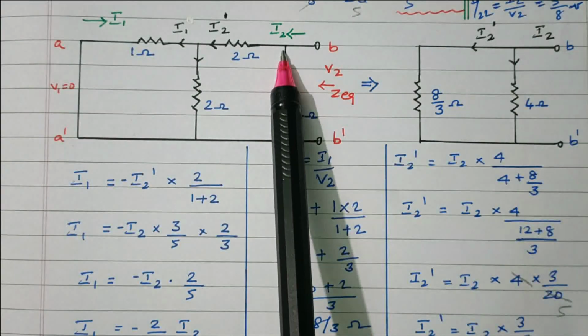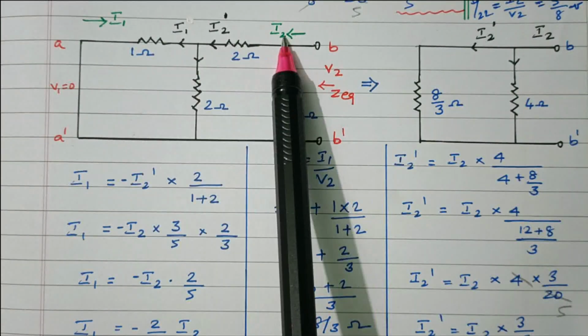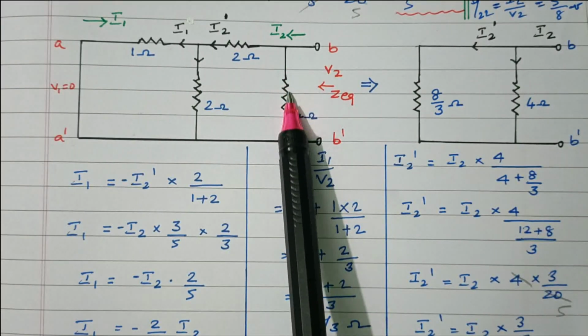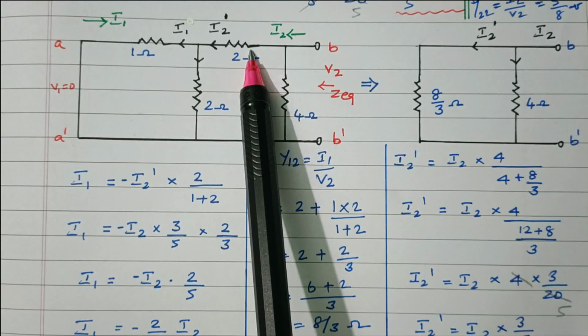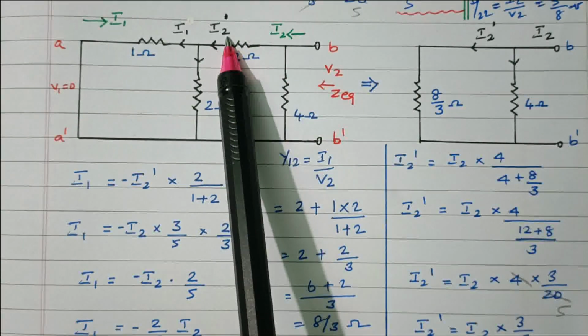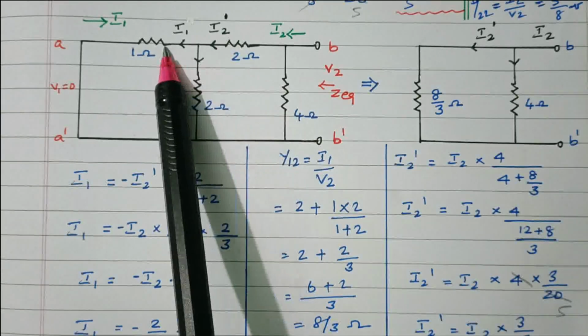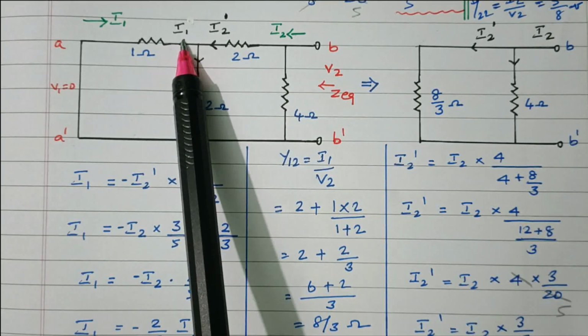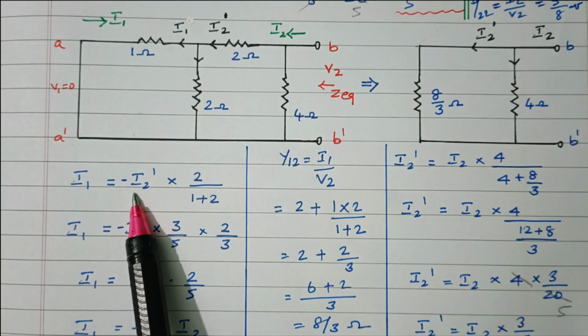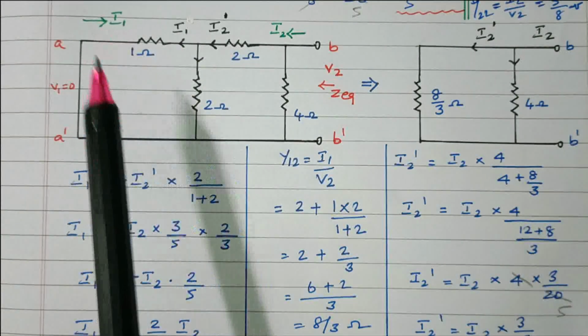Right? If the current is divided between two nodes, the current is diverted here. We will take this as I2 dash. This is I2. After diversion we take I2 dash. I2 dash is again diverted, and that we take as I1. The current flowing through this 1 ohm is I1. So I1 equals minus I2 dash, because it is flowing in the opposite direction.